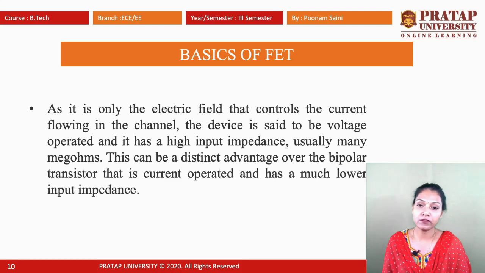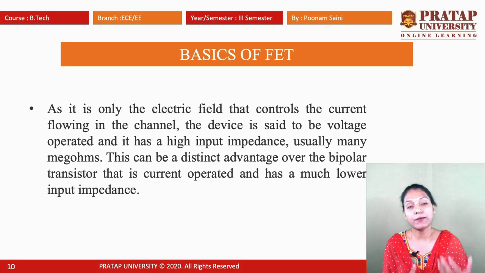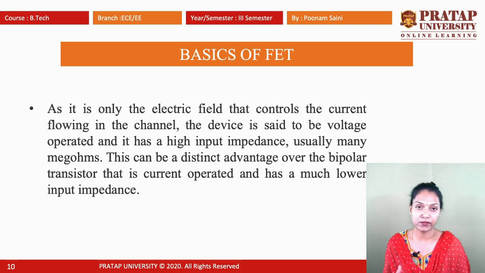In the FET, the electric field controls the current flowing in the channel, and the device is voltage operated with a high input impedance. The bipolar transistor is current operated with a much lower input impedance. This is the basic difference between a bipolar junction transistor and the field effect transistor.